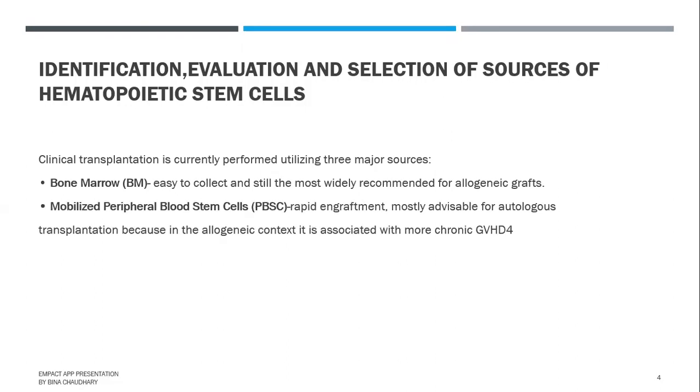The second is mobilized peripheral blood stem cells, PBSC. If we use this, rapid engraftment will occur and it is mostly advisable for autologous transplantation, because in the allogeneic context it is associated with more chronic GVHD.